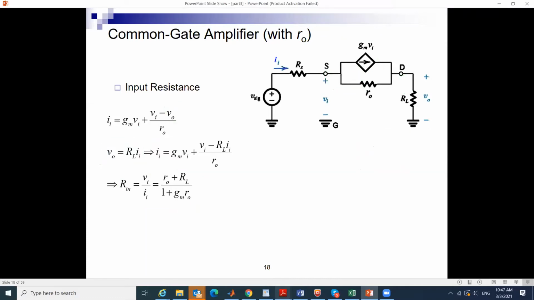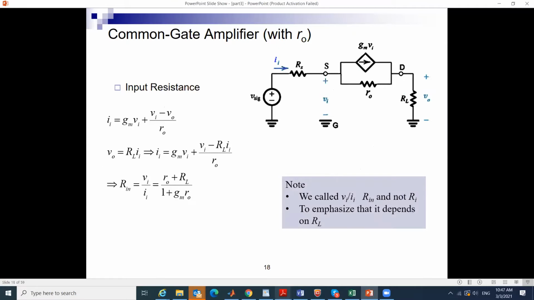So this is how I find the Rn in general, and now terminology: we said RO plus RD over 1 plus GM RO, because RD in this example was nothing but my RL.